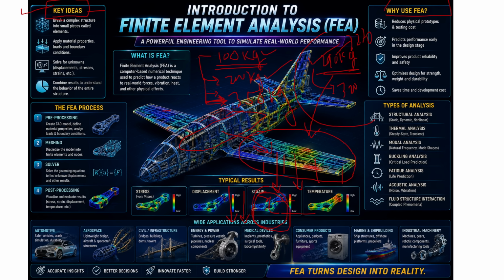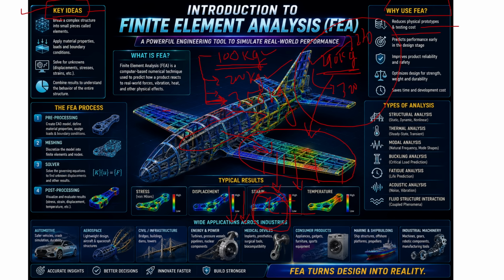This way I'll come to know at what load this aircraft wing is going to fail. With this approach we don't need to create multiple prototypes. We can do this once in the CAD simulation, and once we get the result, we can check our FEA values against the real world values. This way it reduces the prototype cost and the testing cost for the component.